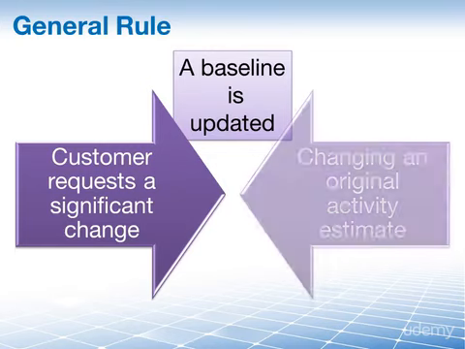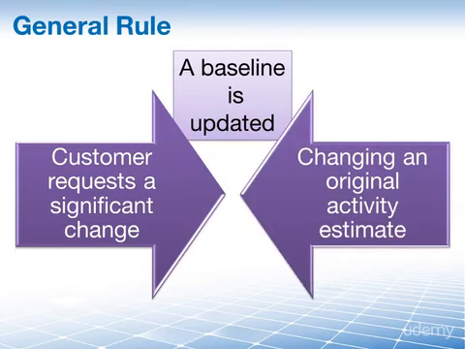Or if there is a new estimate for a particular task. For example, an increase of 75% in a specific activity's duration due to unforeseen technical issues. This will require approval and will update the schedule baseline.